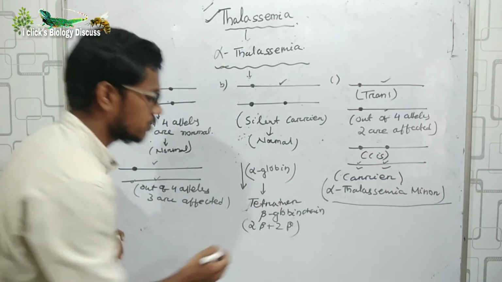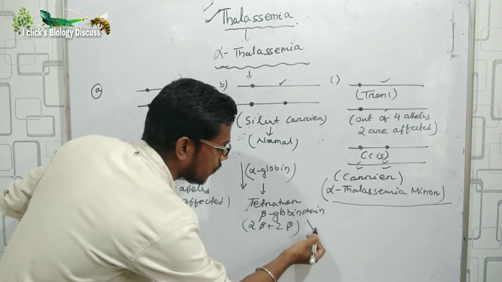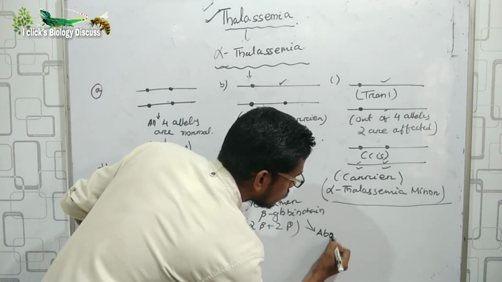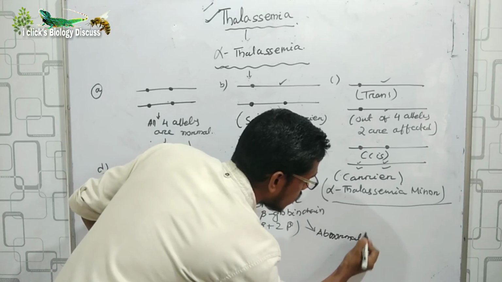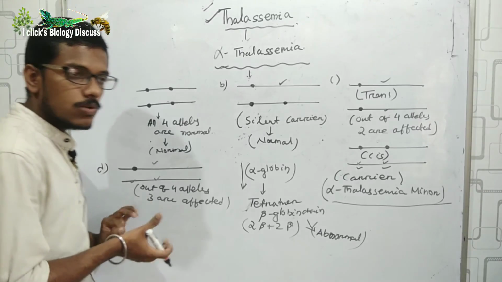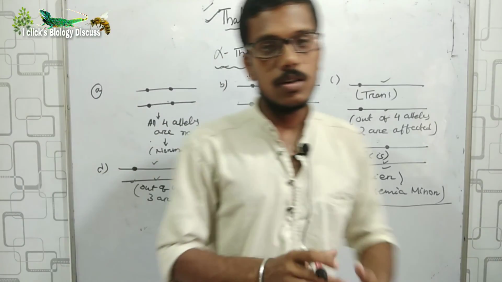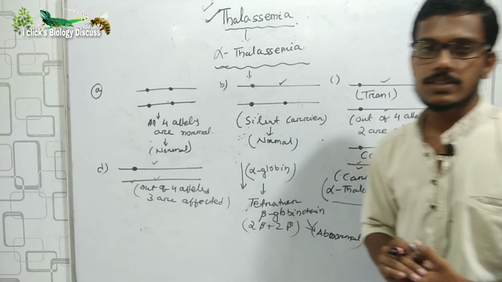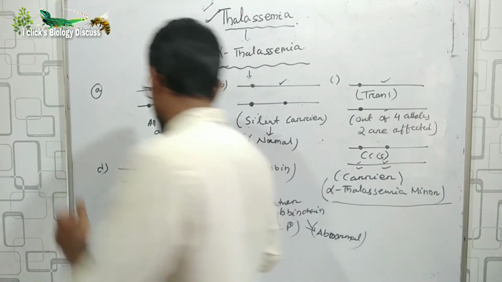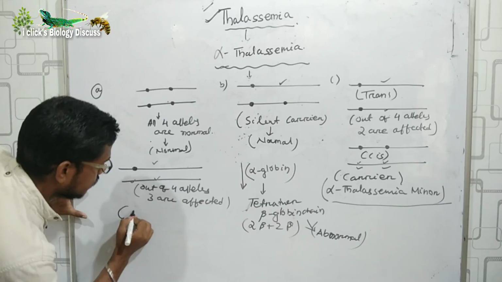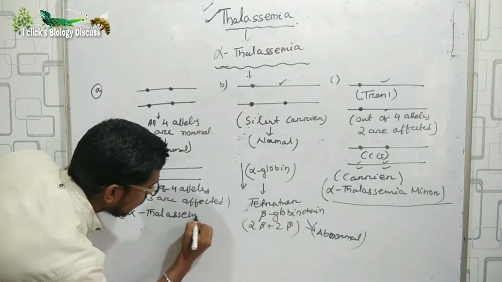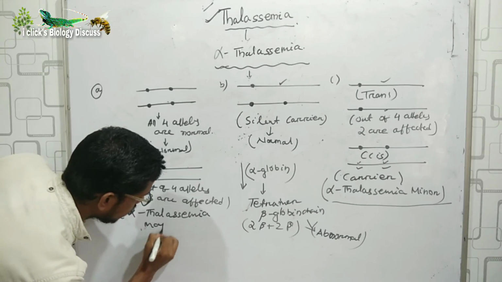This tetramer of beta globin chain, or beta globin tetramer, is an abnormal hemoglobin. This person will require transfusion of blood from outside at regular intervals of time, and this person is called alpha thalassemia major.